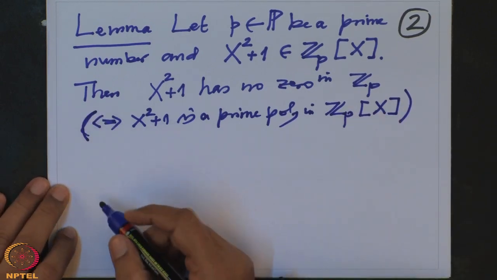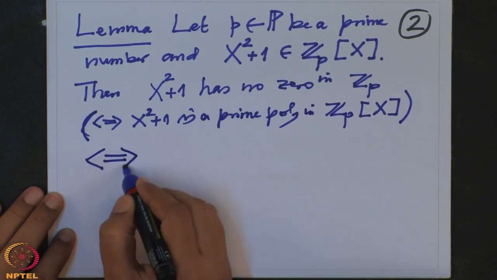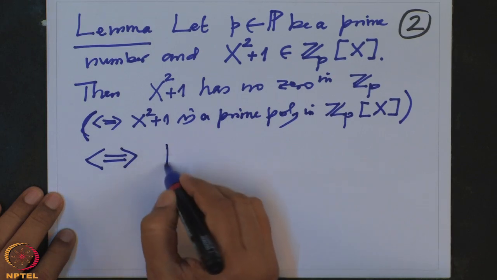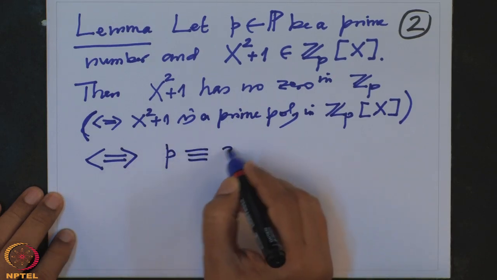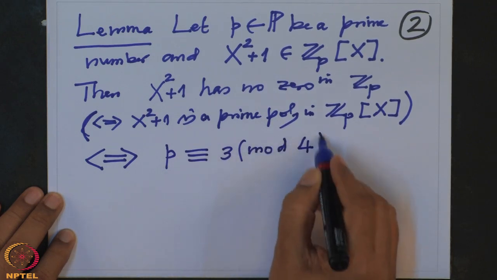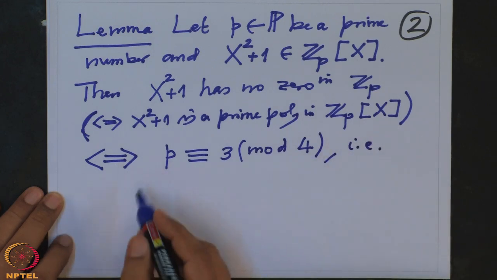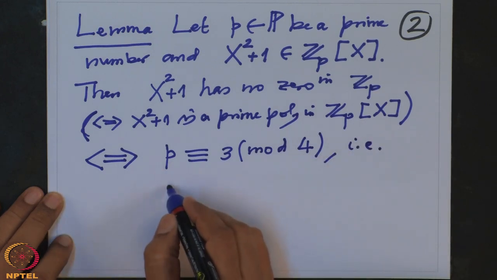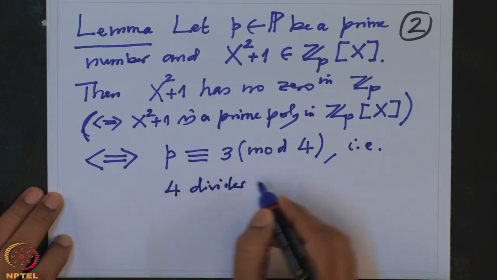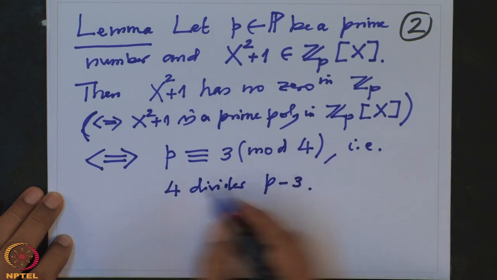We have just remarked above that this is equivalent, in terms of numerals, to saying p is congruent to 3 mod 4. That is, 4 divides p minus 3. That is equivalent to saying this.